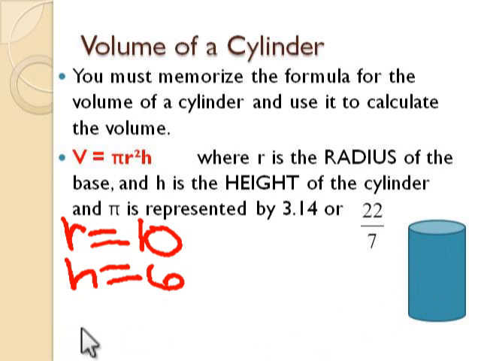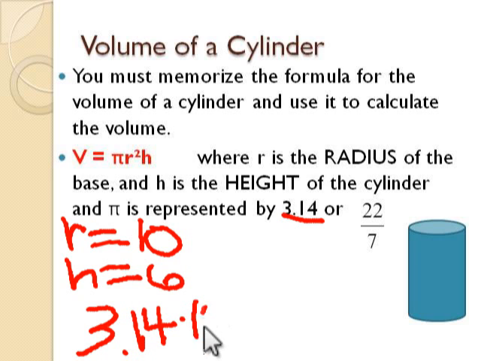We're just going to use the formula, so we're going to multiply pi, and then in this case, remember I said we were going to use 3.14, so we're going to take 3.14 times 10 squared times 6.